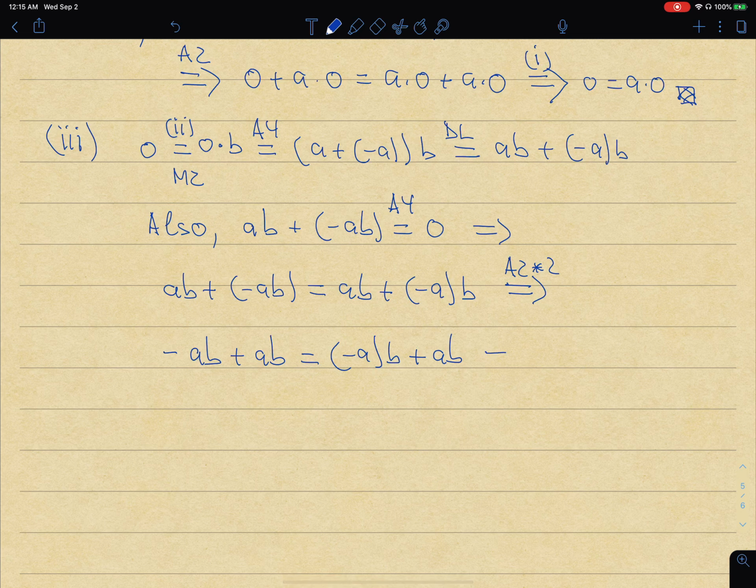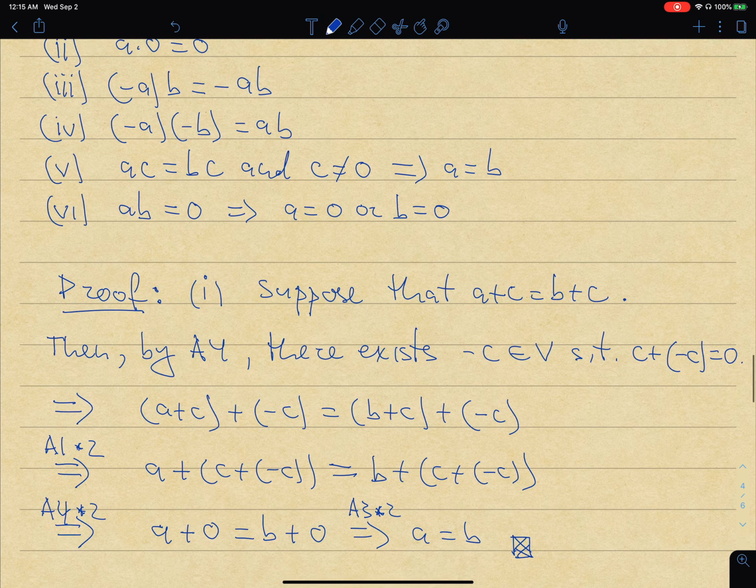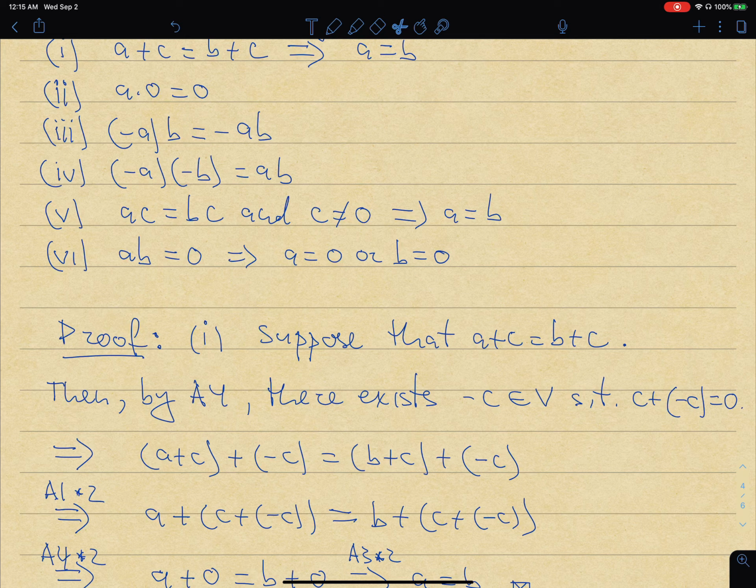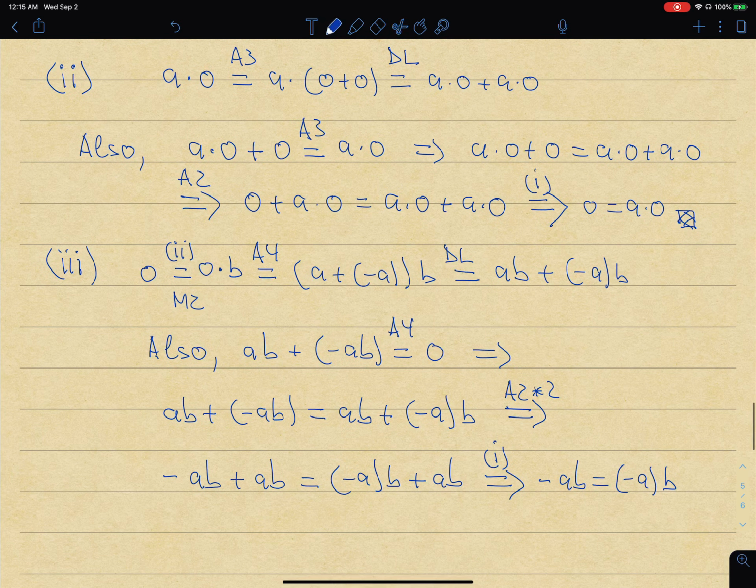Well, again, I can compare this to property 1, which says that if I have something plus a number equal to something else plus the same number, then that same number, in this case AB, can be dropped and the equality is still true, which means that minus AB is the same thing as minus A times B. And that's exactly what we wanted to show. So this statement is now proved.